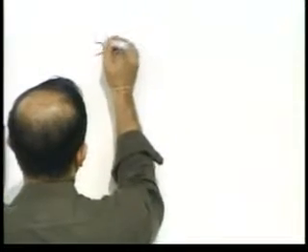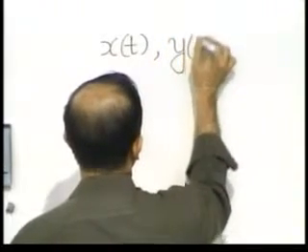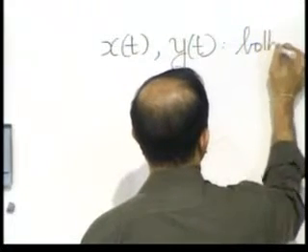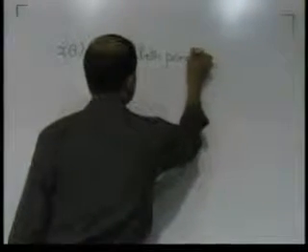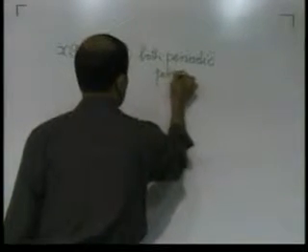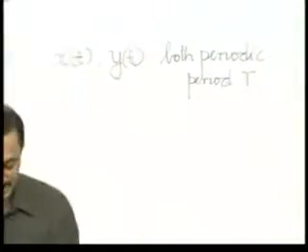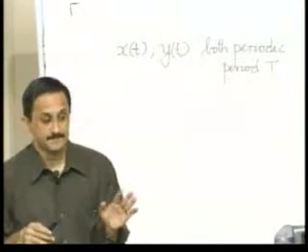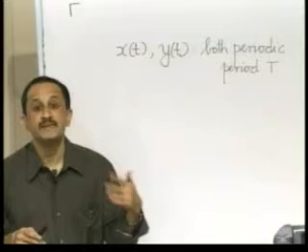We have two signals, x(t) and y(t), both periodic with period T. Now, I must again emphasize the meaning of this statement, both periodic with period T. It is quite possible that the fundamental periods could be different.